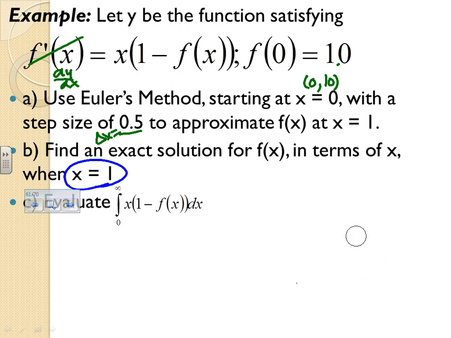Just write it again. All right, so we found our particular solution: y equals 1 plus 9e to the negative x over 2. Okay, so now it wants me to evaluate this integral.